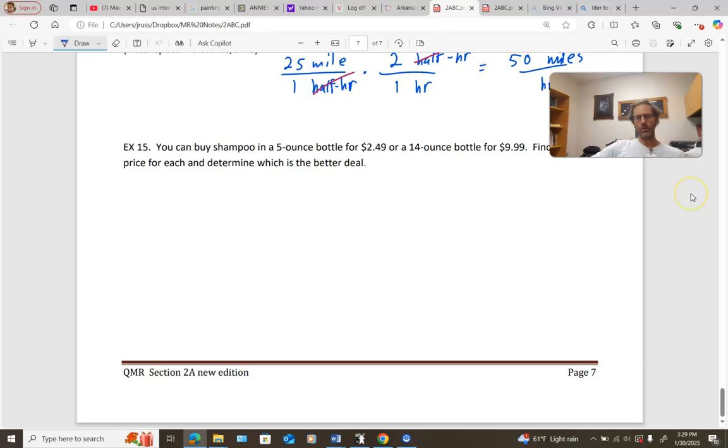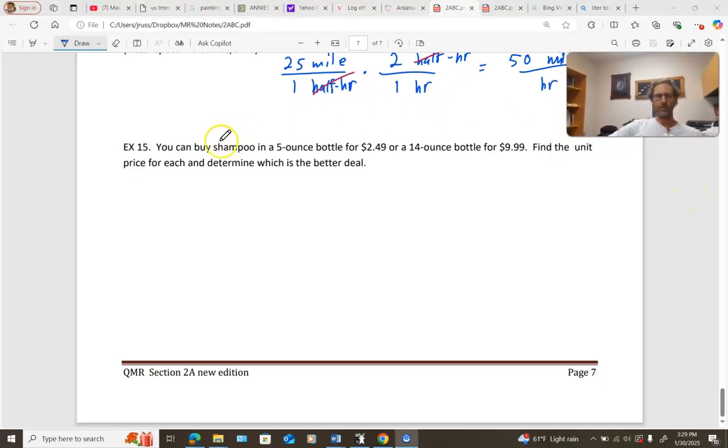All right, we've got one more. Okay, the last one here. This is a very practical problem. It says you can buy shampoo in a 5-ounce bottle for $2.49 or shampoo in a 14-ounce bottle for $9.99.